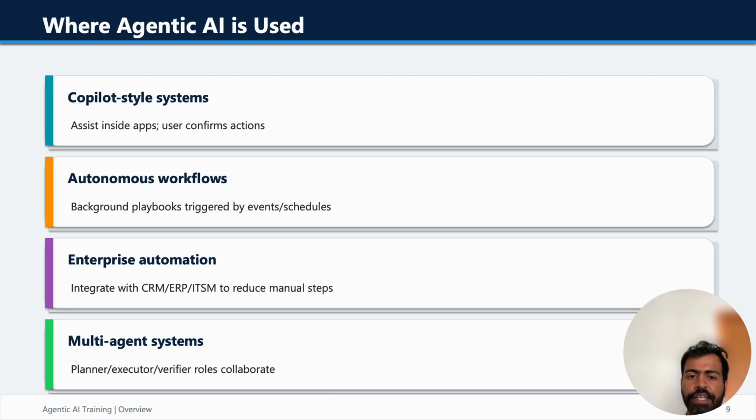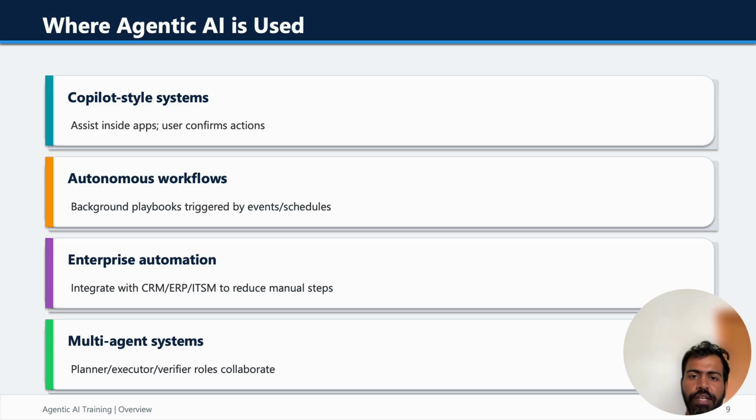So where is agentic AI used? Where do agents show up? Let's understand it. Copilot-style systems keep the human in the driver's seat, suggesting actions and asking for confirmation. Autonomous workflows run in the background, triggered by events like a new ticket.